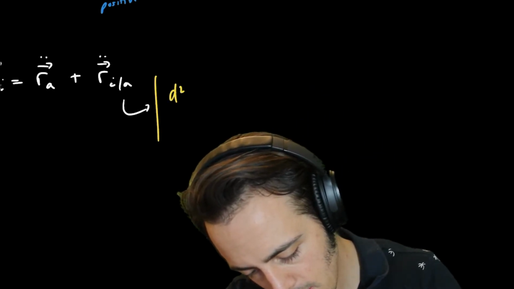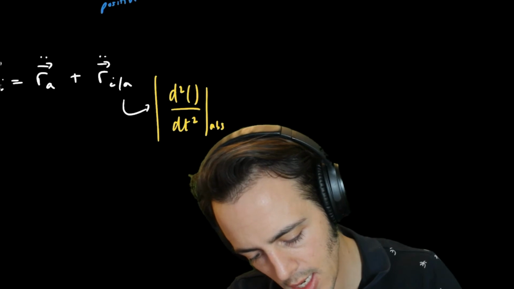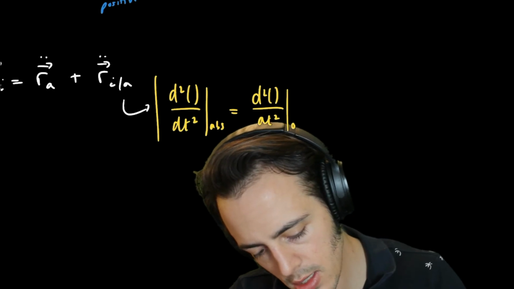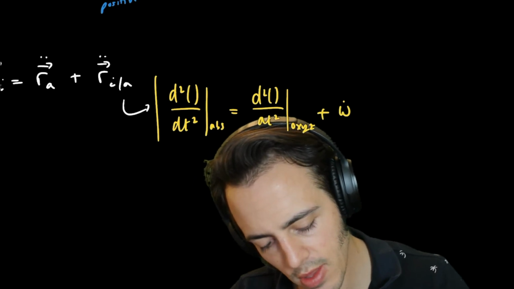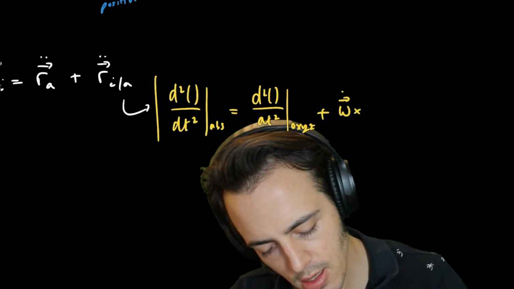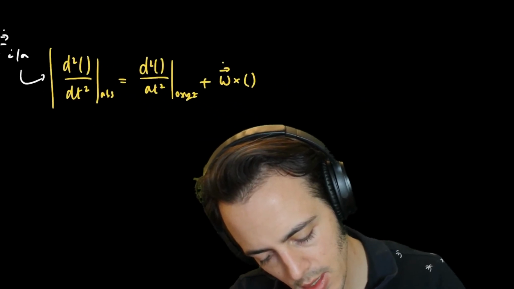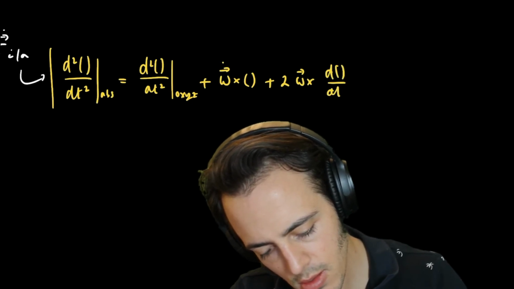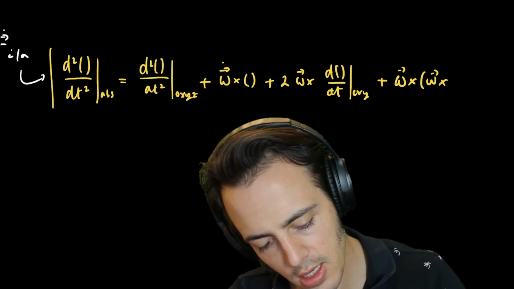Let's say D2 of the vector in time in the absolute reference frame is equal to the second time derivative in the local reference frame plus the absolute time rate of change of the rotation vector crossed with the position vector, plus 2 of the rotation vector crossed with the first time derivative, plus the cross product of the rotation vector with the cross product of the rotation vector and the position vector.